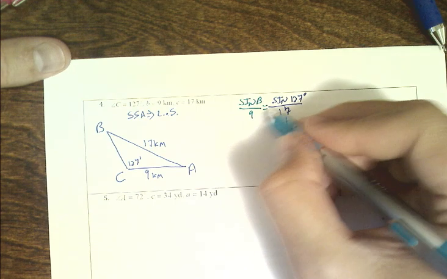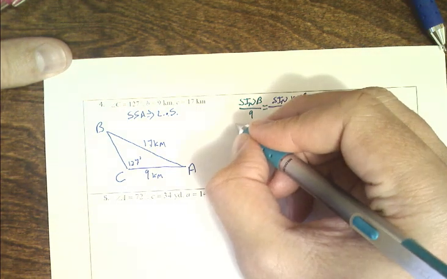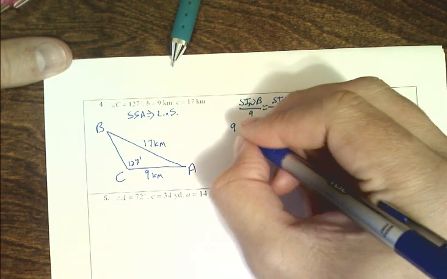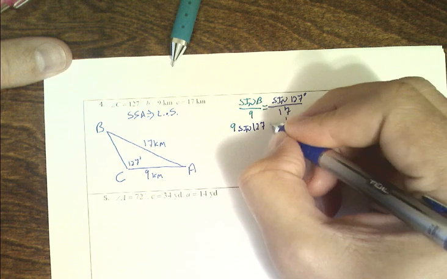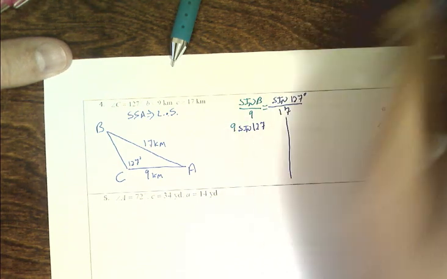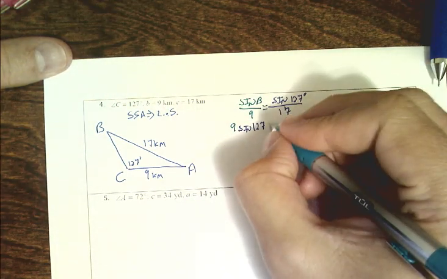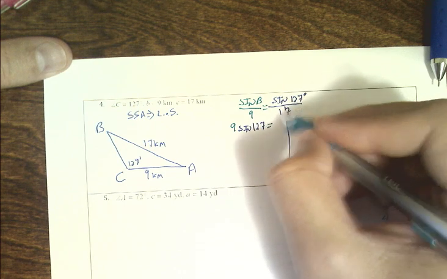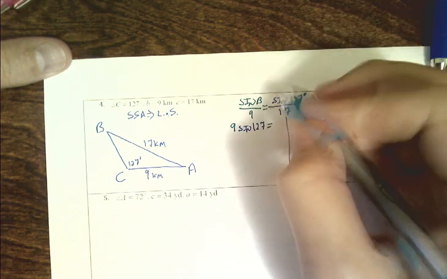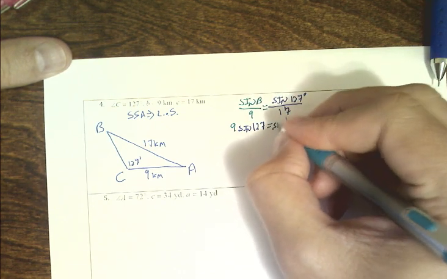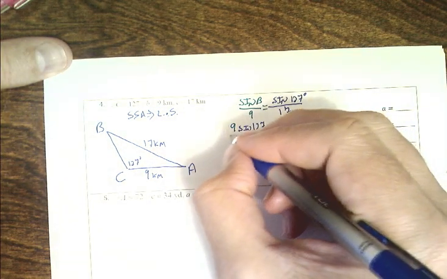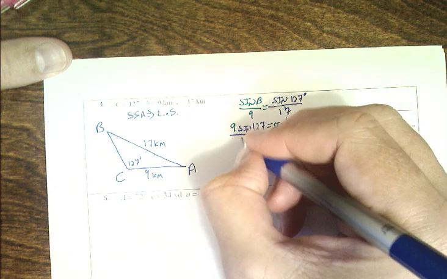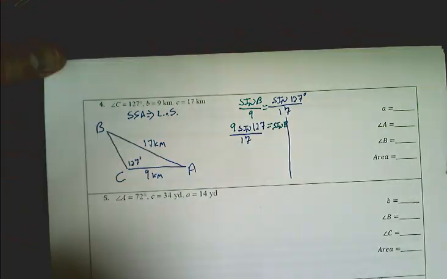So we're going to cross multiply: 9 times sine 127 is going to be equal to 17 times sine b. I'm going to get the sine b by itself and just divide both sides by 17.